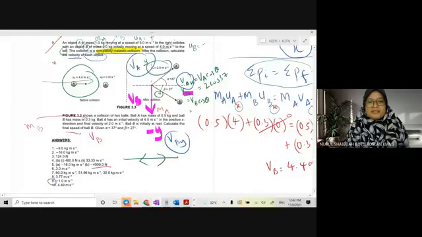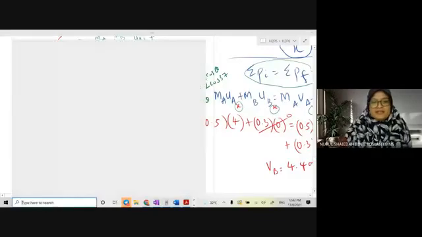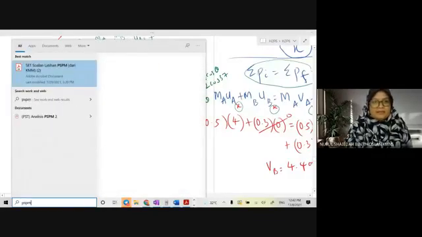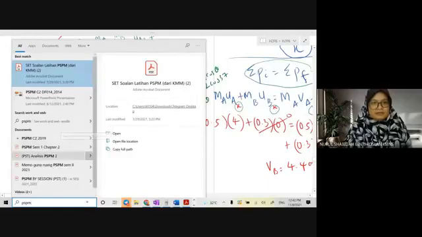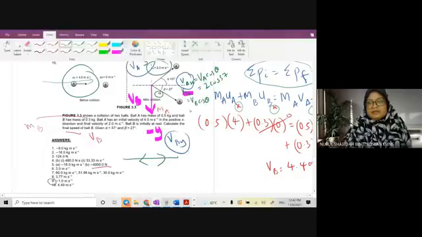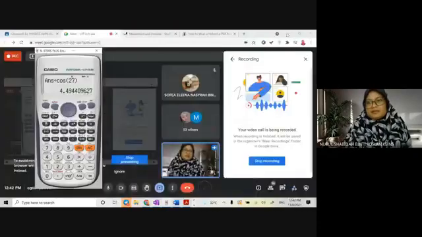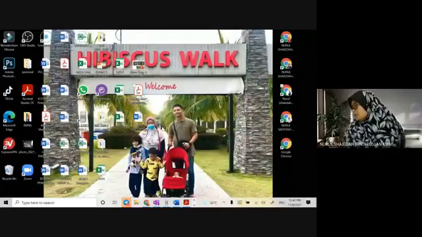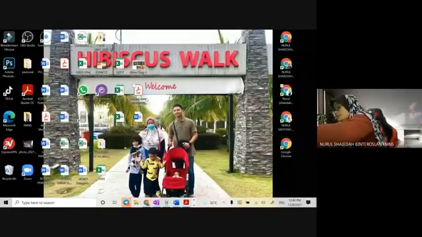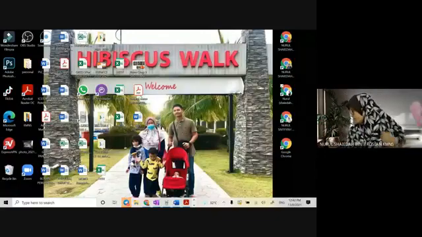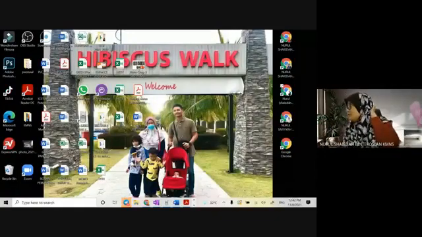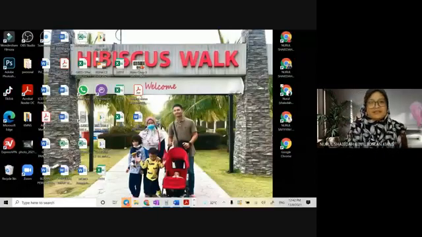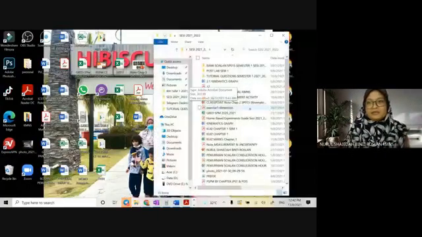Sekejap betul habis chapter 3 kan? Okay, PSM. Tak ada model handphone. Jadi saya kena tengok mana dia letak.